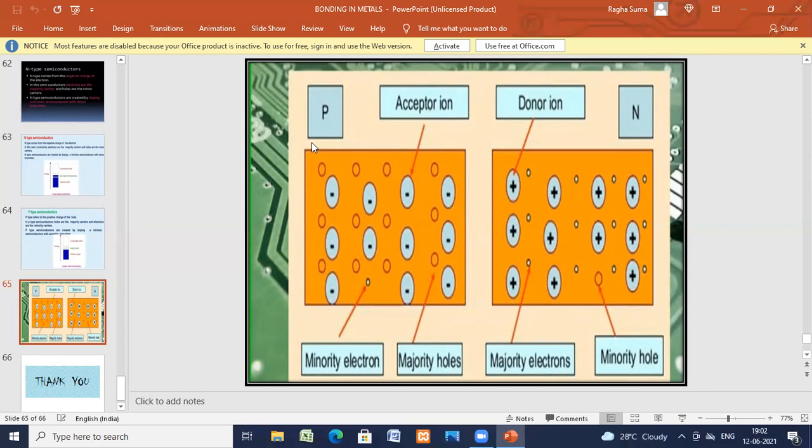Applications you can see: organic radio frequency identification devices, solar cells, organic light emitting diodes, display, transistors. You can see brighter display, thinner display, flexible.